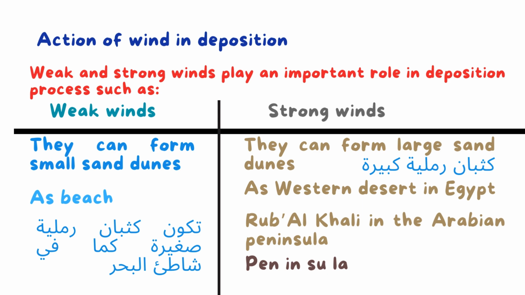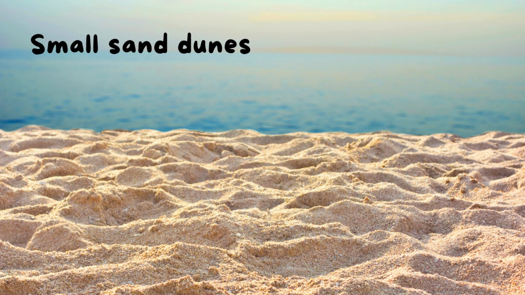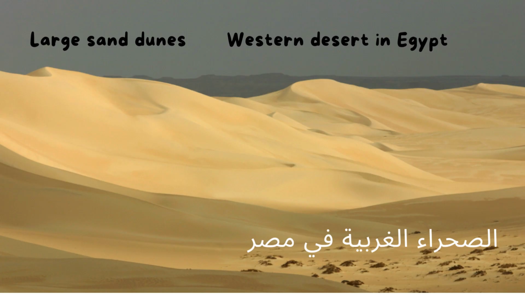As you see here, these are the small sand dunes formed by the weak wind, as at the beaches. And here, the large sand dunes formed by the strong winds, as in the Western Desert in Egypt.